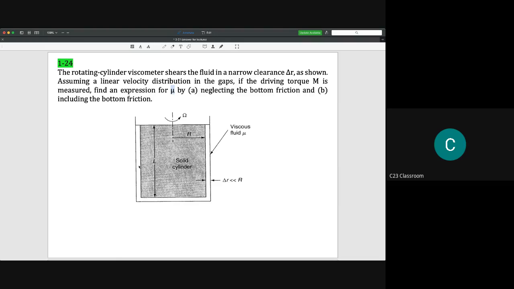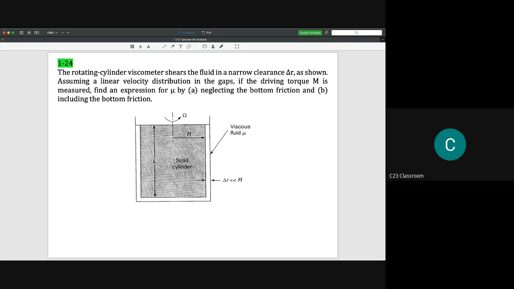And if you need to include the bottom friction, the total torque is the torque that came from the wall, meaning the rotating cylinder, plus the torque that came from the rotating disc at the bottom. After you sum both of them, then you can get the value of mu.